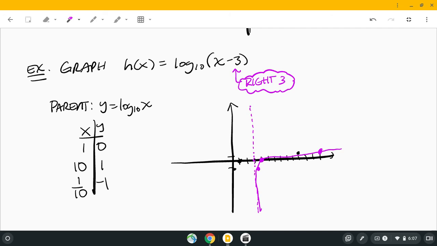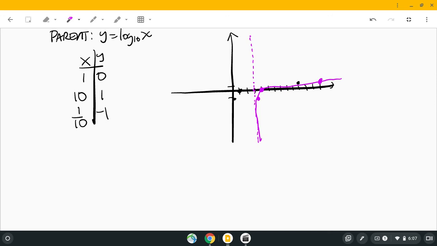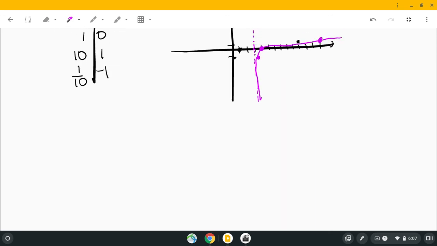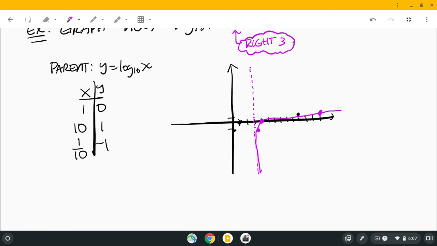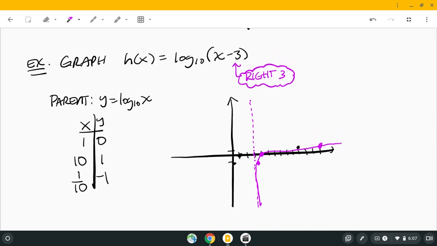All right. So that is graphing. That's how you graph with shifting. If you prefer to just make a table for this actual function, use your calculator, that's fine too.